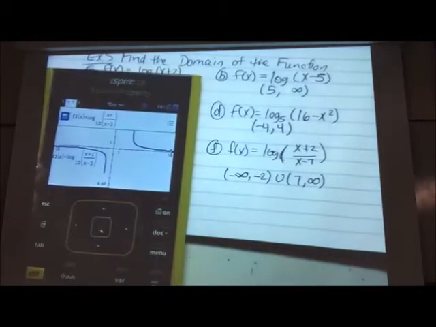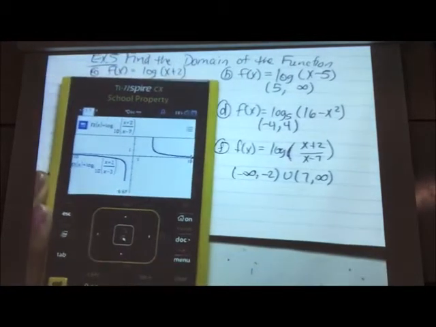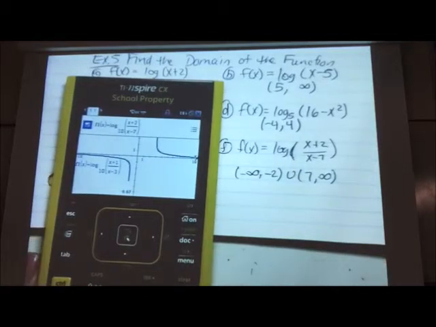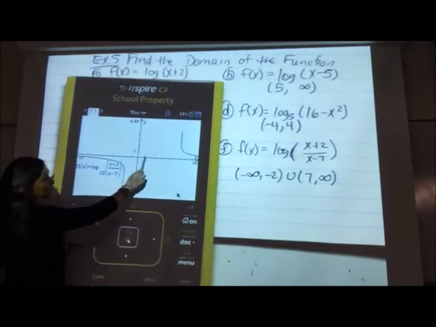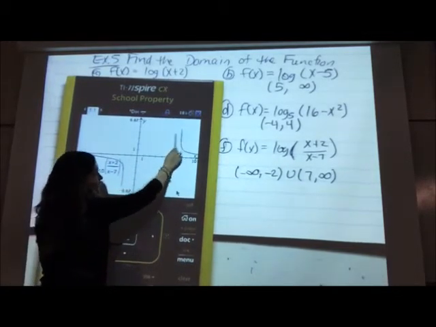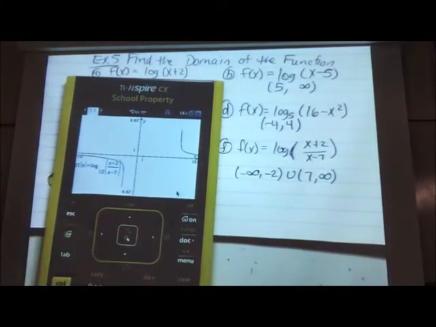Let me graph this to verify that we're right, because now we're geniuses and we don't even need a calculator. Does it start off from negative infinity to negative 2? Yes. And 1, 2, 3, 4, 5, 6, 7, 7 to infinity. We don't need calculators.